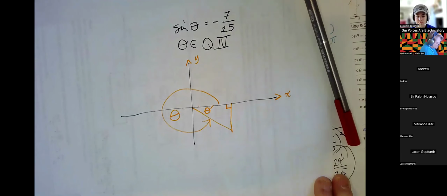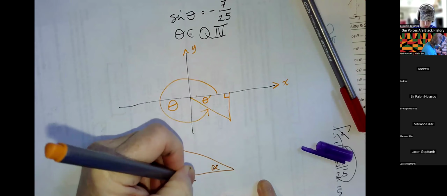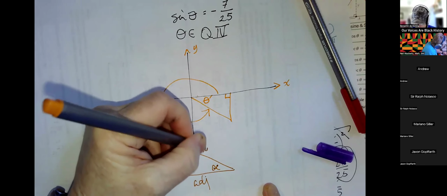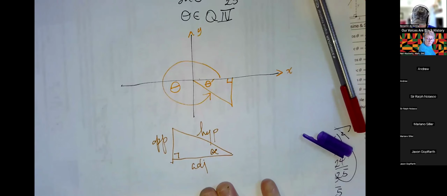If I know that I have opposite, adjacent, and hypotenuse, what is the sine of alpha? So we're trying to find sine, just using the sides of a right triangle. Is it opposite over hypotenuse? Yes, very good.